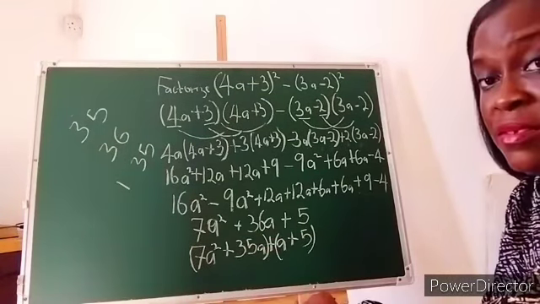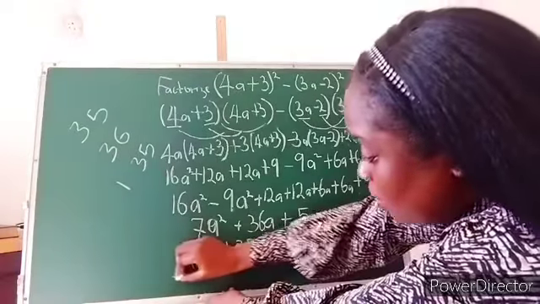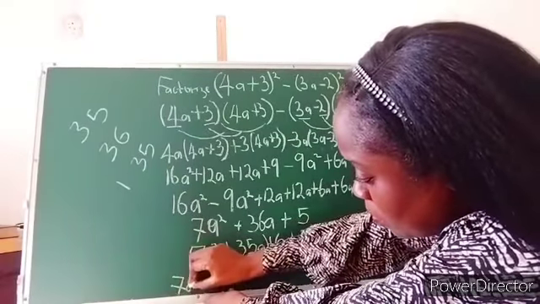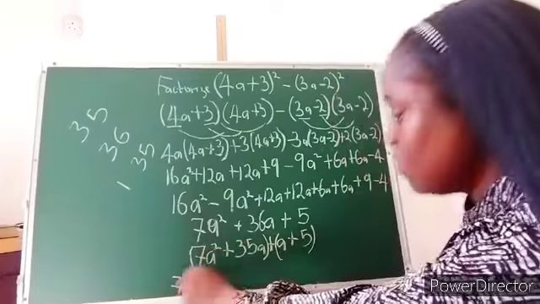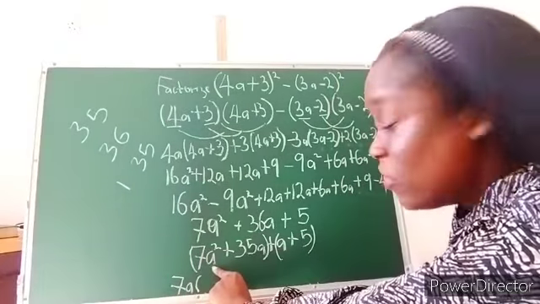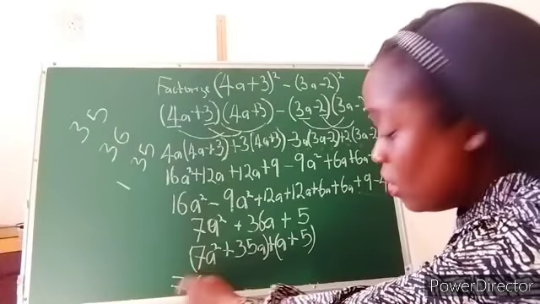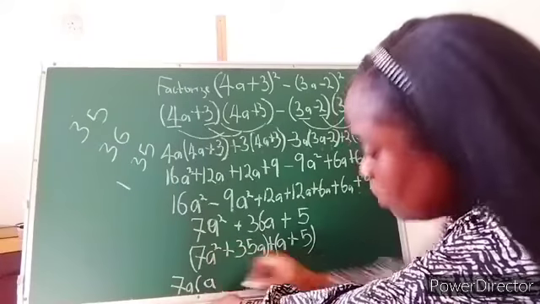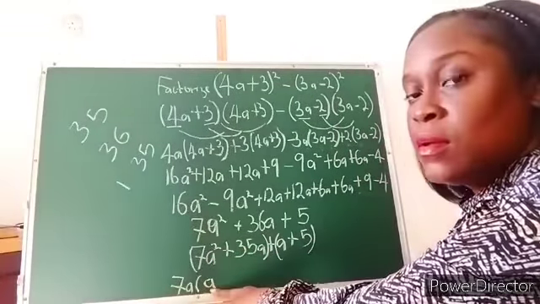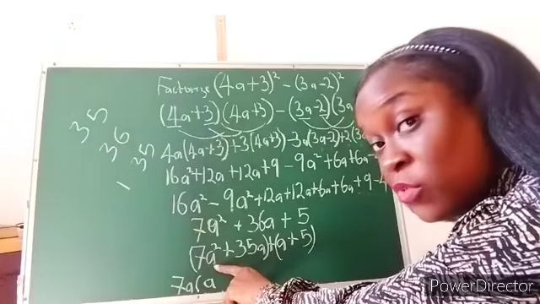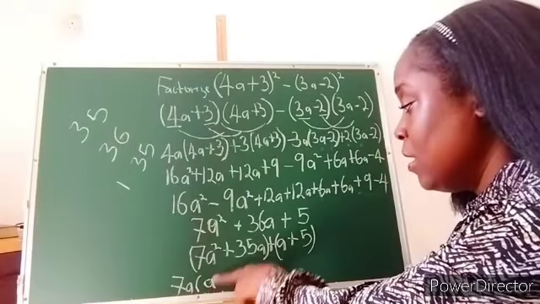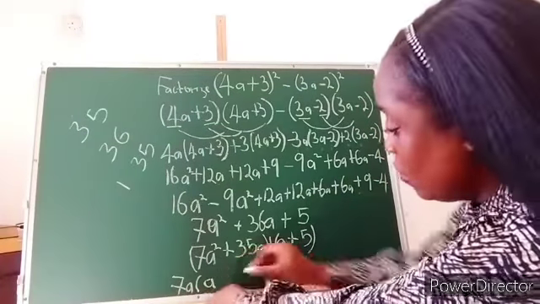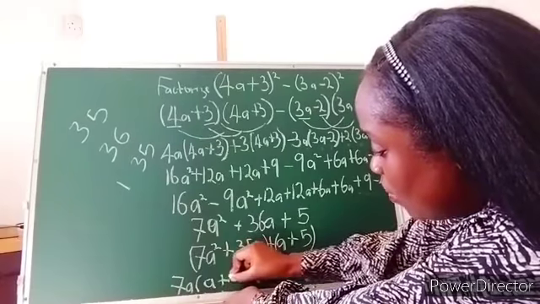So we go say 7a bracket. If 7a dey comot for 7a square, wetin go remain? A. If 7a comot for 35a, wetin go remain? Na 5.